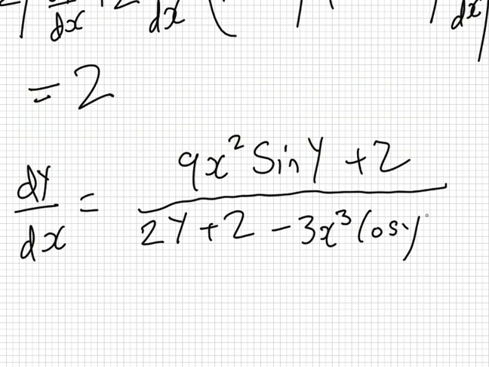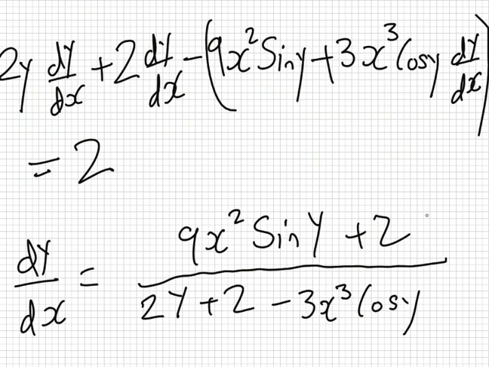Now, I know I did a couple of steps there, but it's simple. Put the dy dx on the left, everything else on the right, and out will pop this answer. So rearrange them, you'll get that as dy dx. Just a little bit of algebra, that's all.